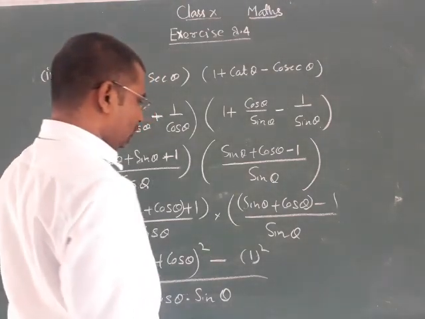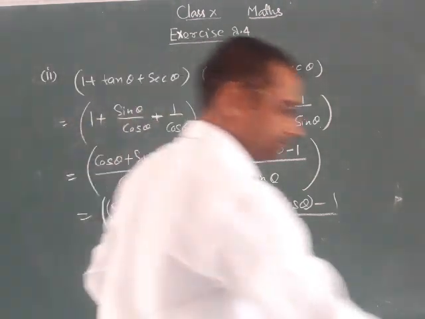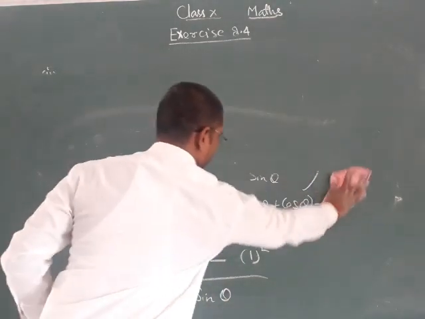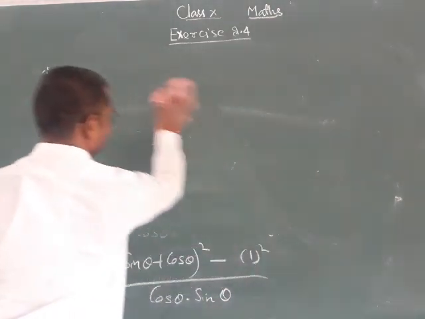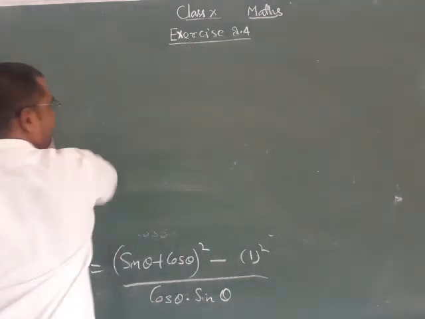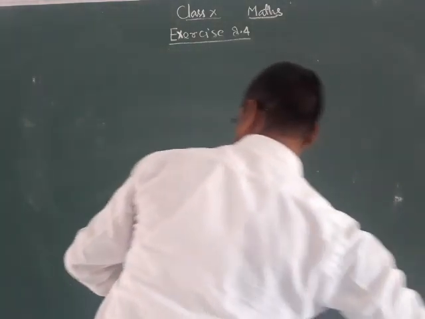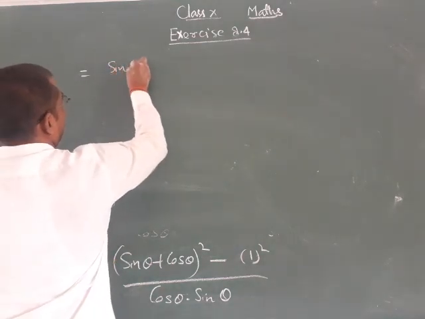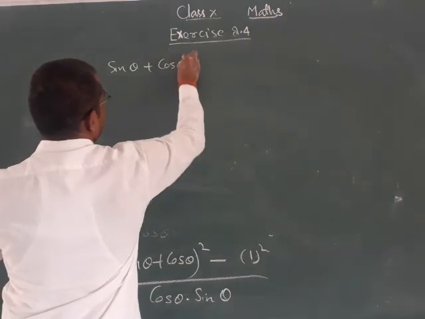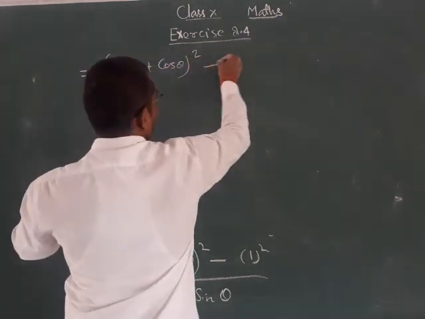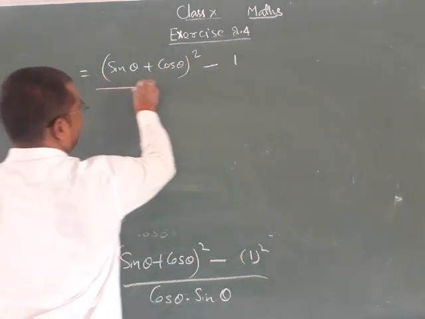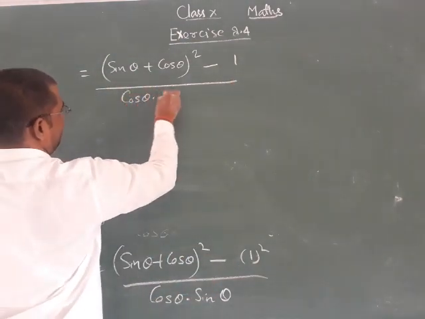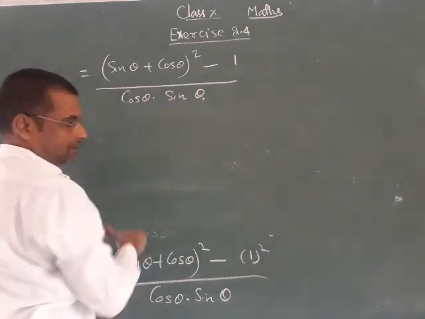So also you can write sin theta plus cos theta whole square minus 1 upon cos theta into sin theta.